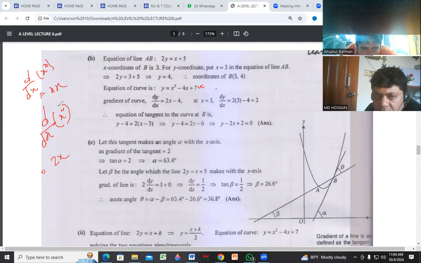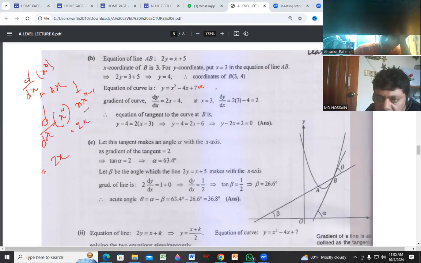The formula is d by dx of x to the power n equals n x to the power n minus 1. Here n is the power, it comes as the coefficient, and then x with power n minus 1. So when the power is 2, the coefficient is 2, and x to the power 2 minus 1, that is 2x, right?